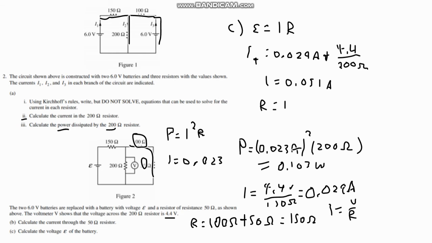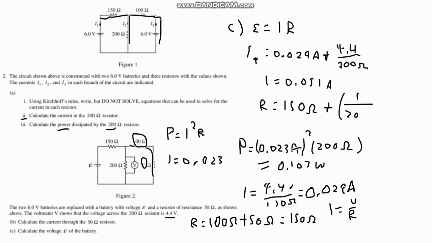Now to find the total resistance, we know one part of the resistance would be 150 ohms, and the other part is a parallel circuit. So we know that 1 over RT equals 1 over R1 plus 1 over R2. So if we take 1 over the total, we get the total resistance of that part. So we get 1 over 200 ohms plus 1 over 150 ohms.